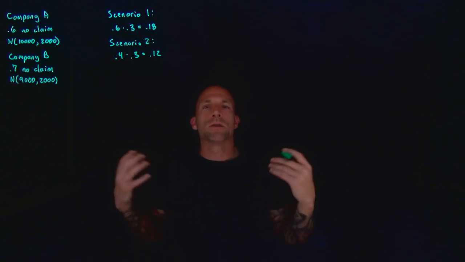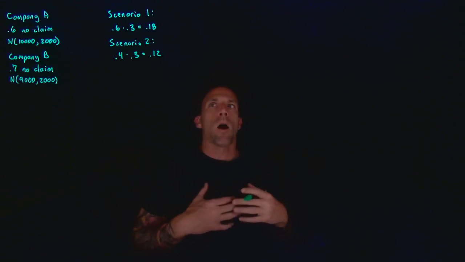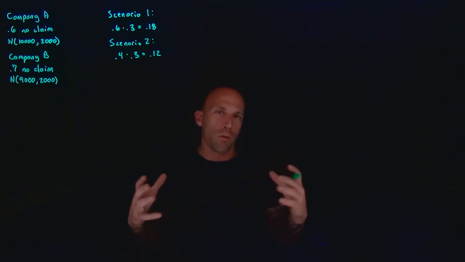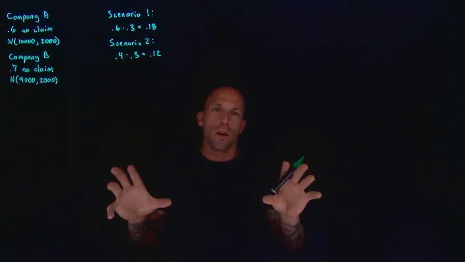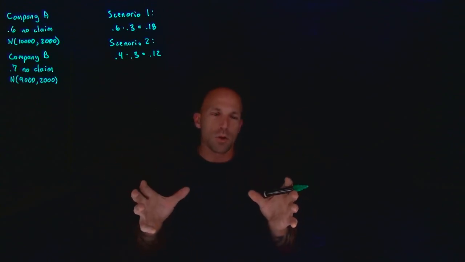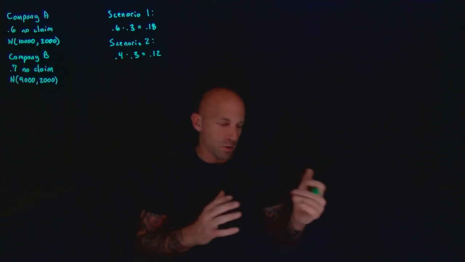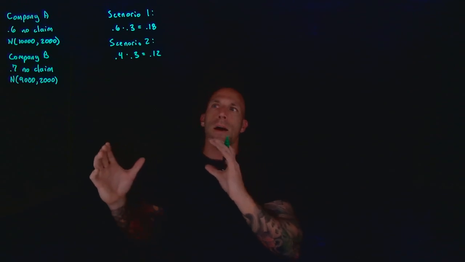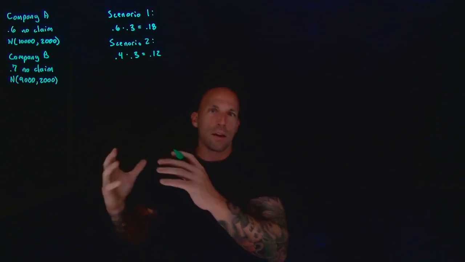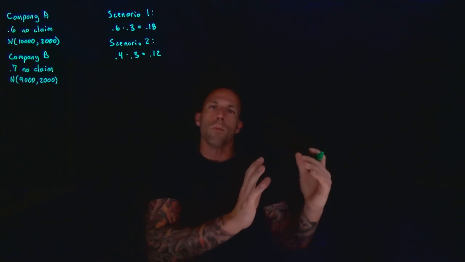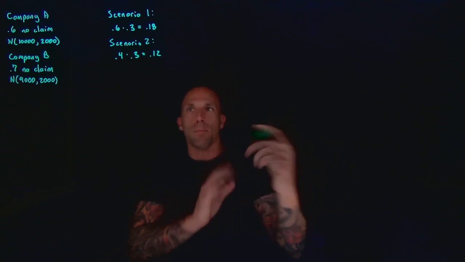And it really relies on your understanding of how independent random normal variables work. And the fact that if you have two independent normal distributions and you add them together or subtract them, in this case, the means are going to be added together or subtracted, but the variances will be added together in both cases.